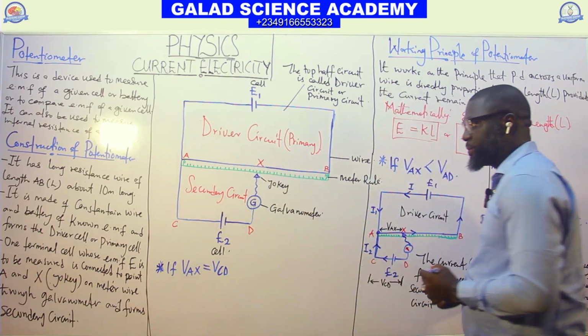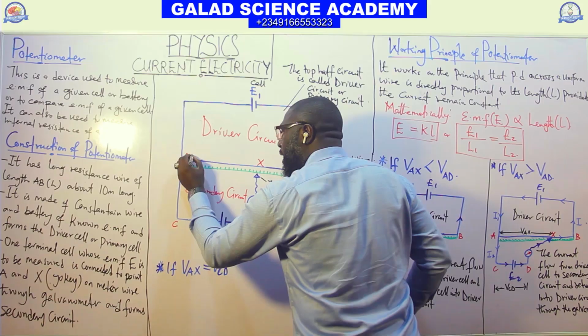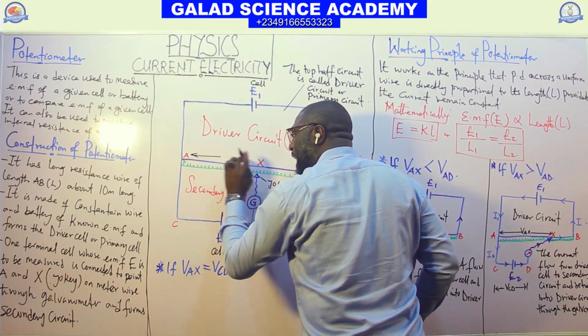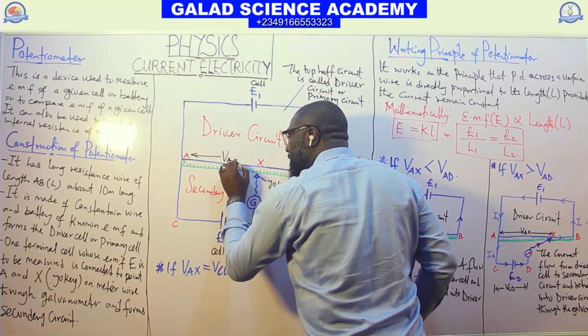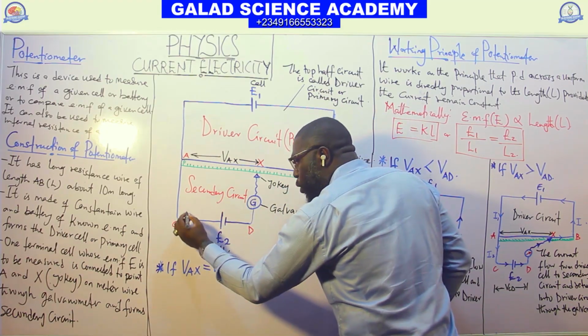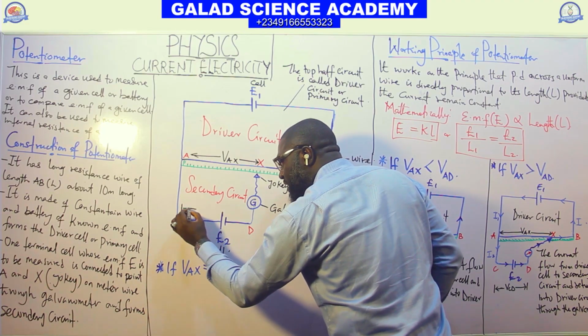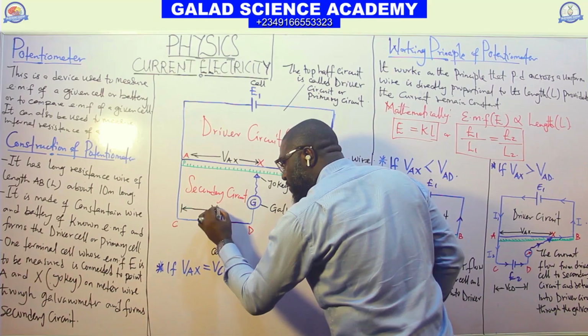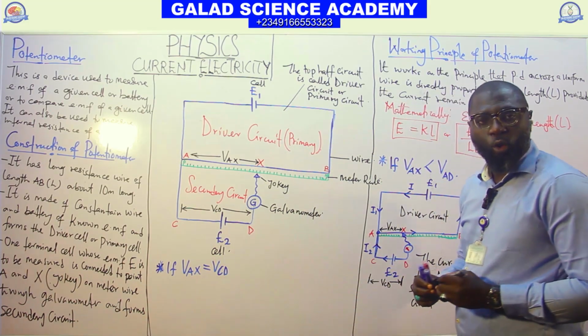That's what happens here. The potential difference between the wire of length AX is equal to the potential difference of this length CD. They are equal.